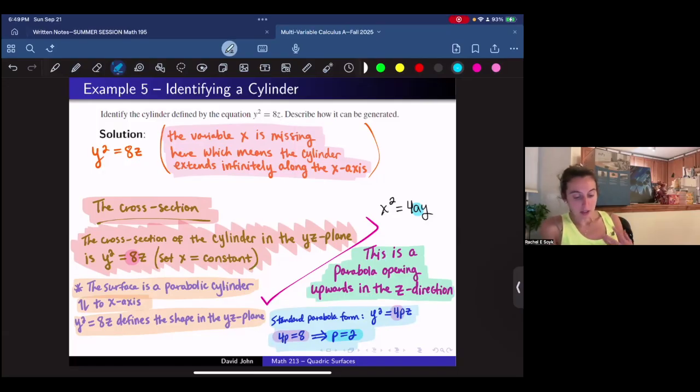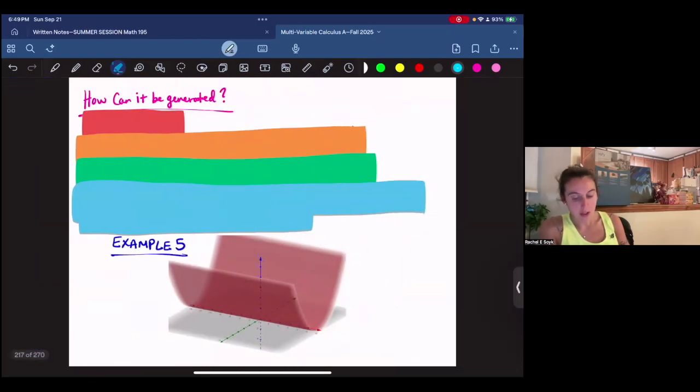And so the second part of this question is asking us to describe how it can be generated. How do we create this visualization? On the next slide, I have the whole step-by-step procedure. The first one, we want to draw our x, y, and z axes.